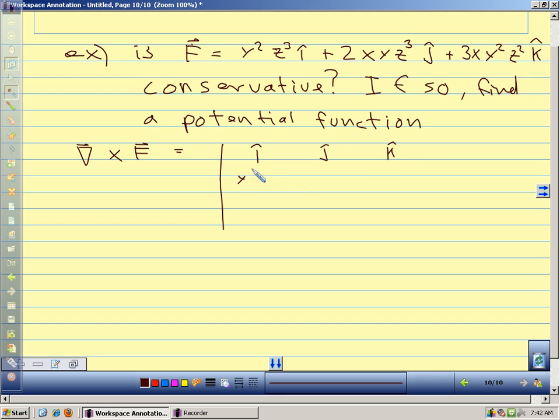Sorry, my partials go here. I got one row ahead of myself. d/dx, d/dy, d/dz. And now the components of my vector field: y squared z cubed, 2xyz cubed, and 3xy squared z squared.